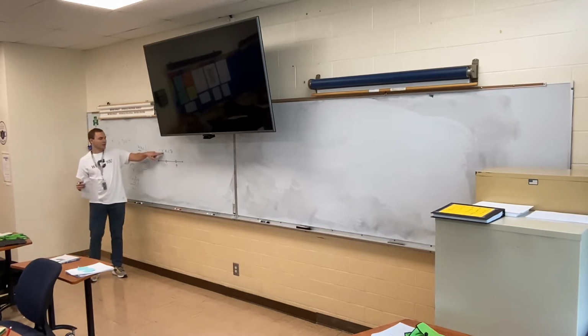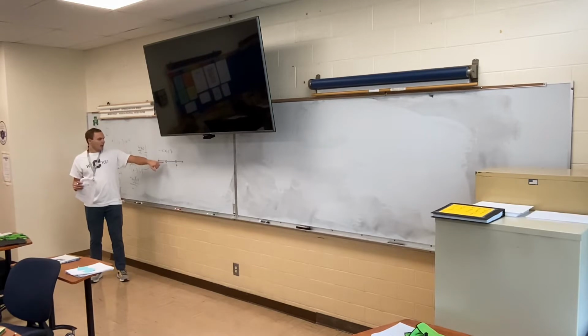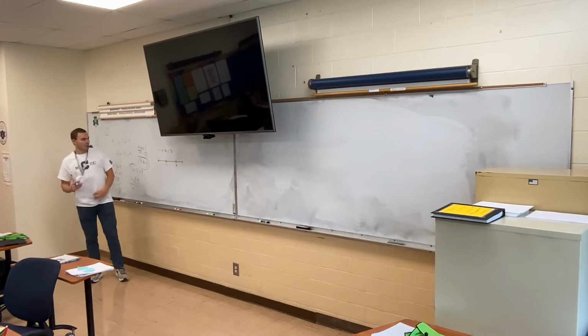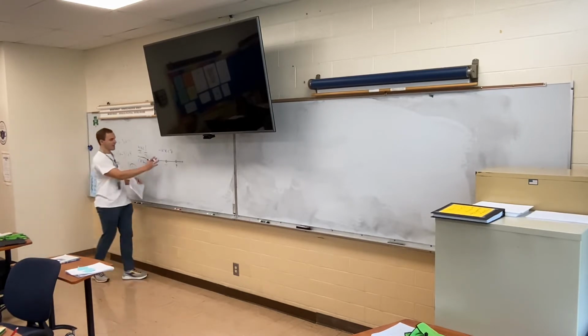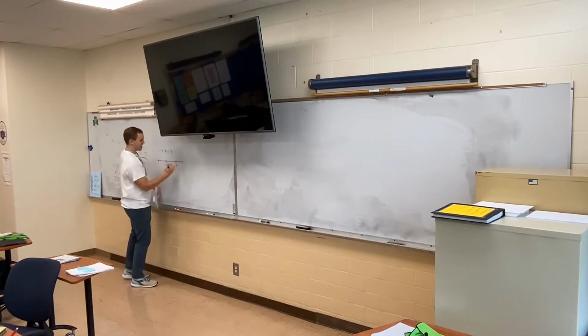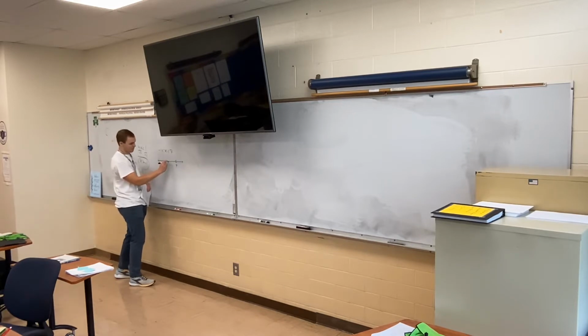If there is an or equal to underlined underneath these inequality symbols, I do a solid dot. If it's just less than or just greater than, I do a hollow circle. Where do I shade? In between, right? I want all the x that are greater than negative 1 and then less than 7, and where those two intervals overlap is right in the middle here.